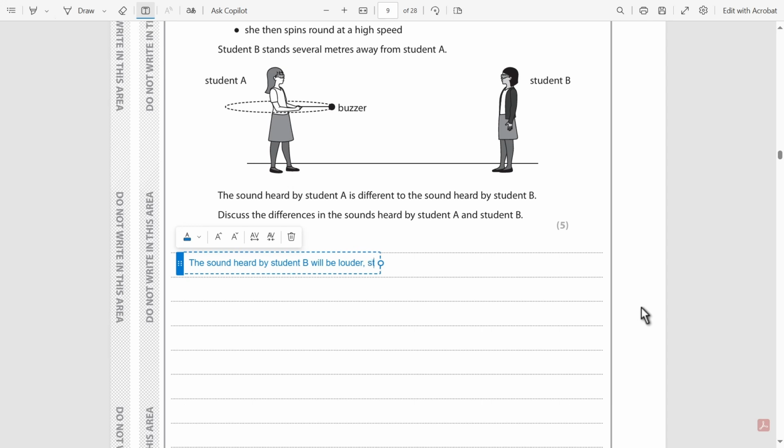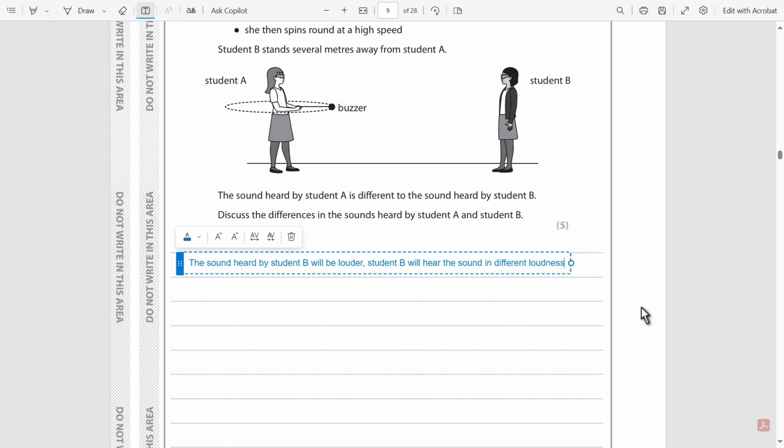Student B will hear the sound in different loudnesses.